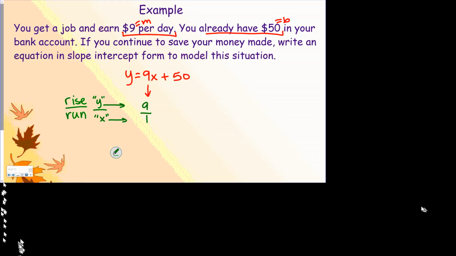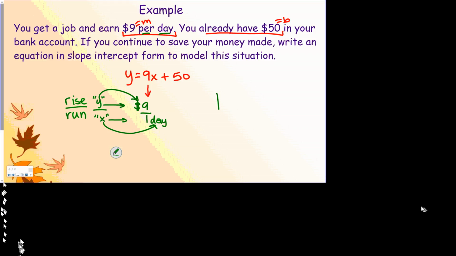And if I write now that slope as the rate with units, we're going to see it's $9 per day, per 1 day. So writing your slope out with units always is a foolproof method for figuring out what the units represent in the equation. So here I can see my y's are up top as dollars and my x's are on bottom as days.